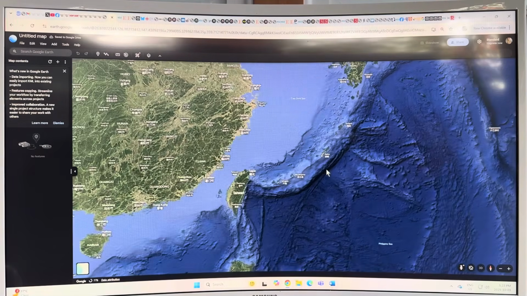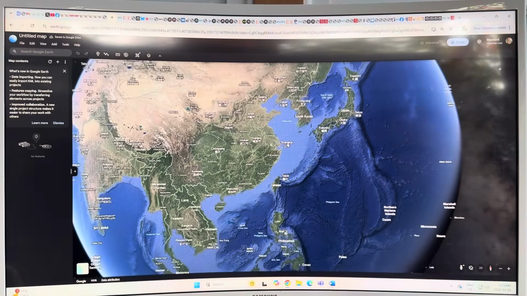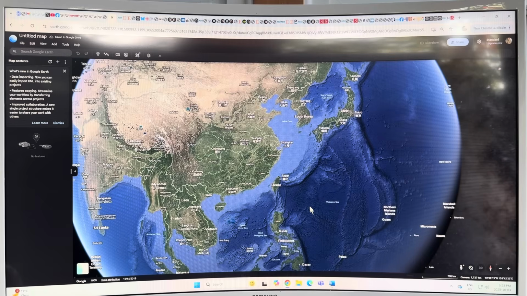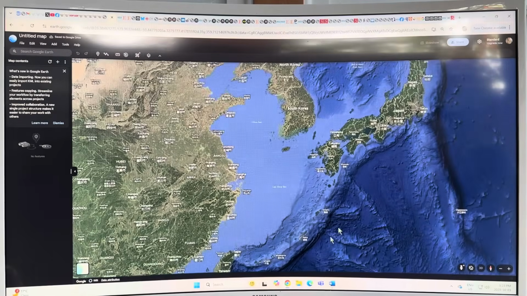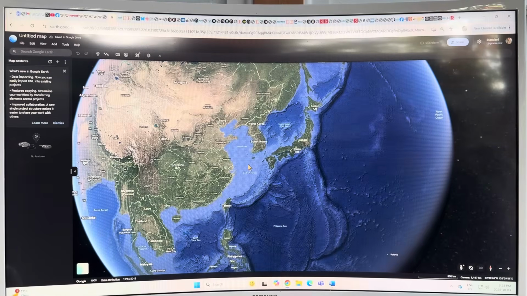Another good image here. So we've got China here and Taiwan here, the Philippines down here. So the Kuroshio comes up along this barrier, more or less, right? There's an ocean barrier where you go down into the abyss here off Japan. So this is a great site, Google Earth.